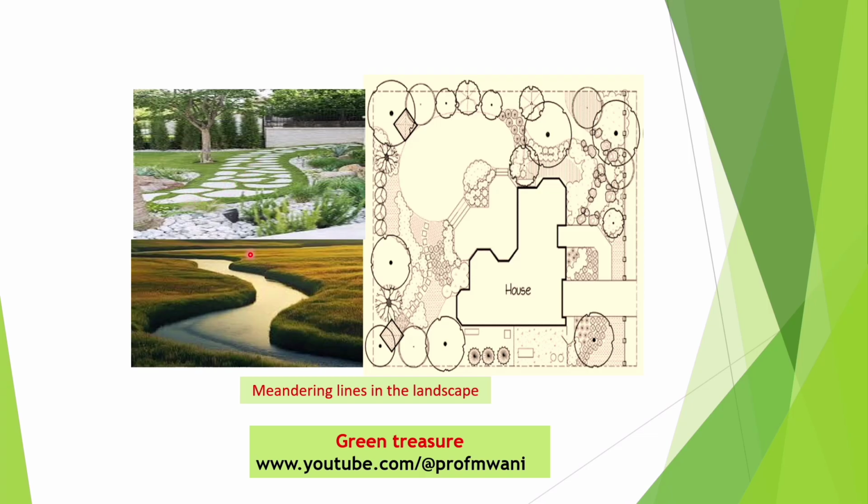This is basically how a meandering line is being created in nature. When a stream flows, how it takes the areas and how it looks like, this character you are mimicking in the design. They are called meandering lines and are used in a design to give a view of a stream or other things related to meandering lines.